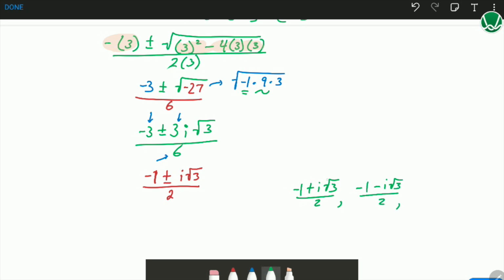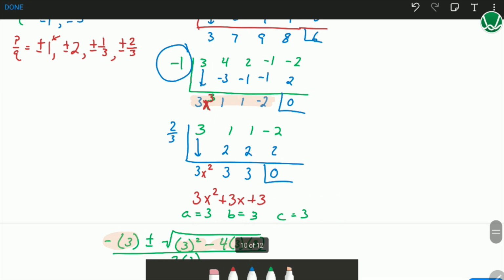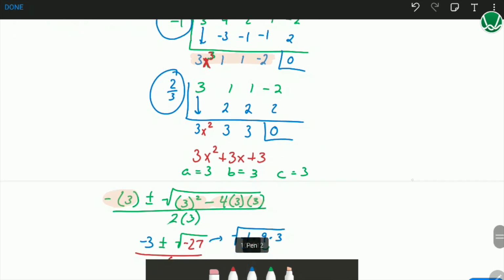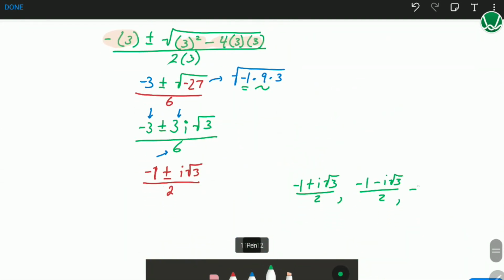Then the 2 we found when we were doing the synthetic division, the negative 1 and the 2/3. And that does it. So those are all the rational and complex roots for this polynomial.